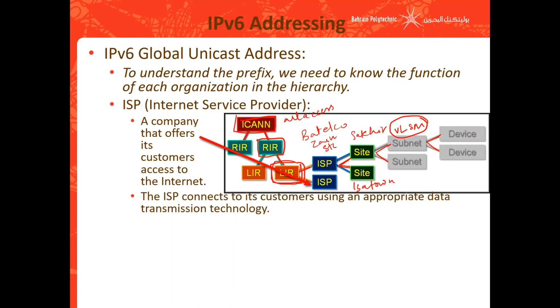The ISPs get their numbers from LIR, so Betelco, Zain, STC, all of them request IP addresses from the local internet registry, and then they assign those IP addresses to different customers or organizations, and so on and so forth. And that's how you are able to connect. Okay.